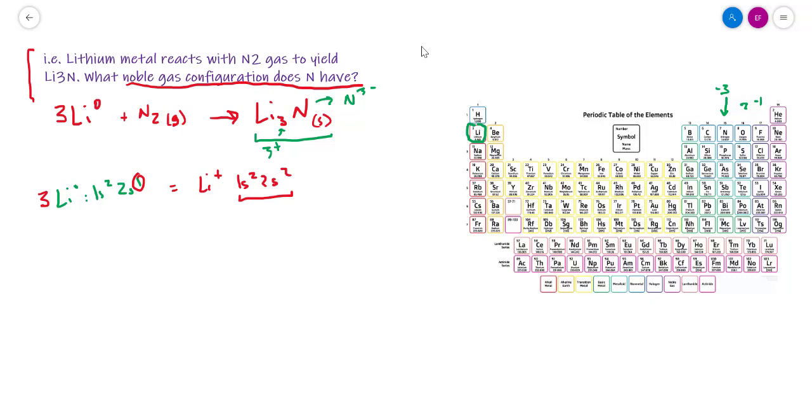If we do this 3 times, then those electrons have to go. This is actually a redox reaction. They have to go to the nitrogen. Sorry, this would be 1s2.